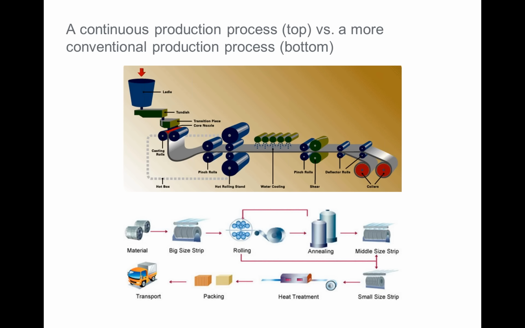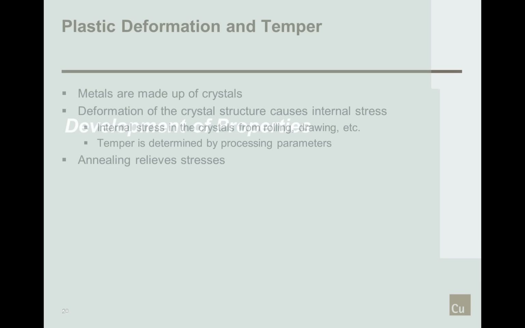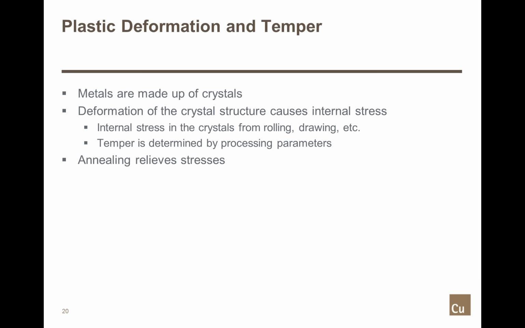Okay, let's talk about development of properties within a material that's being processed in one of these mills. Let's talk about plastic deformation and temper. Metals are made up of crystals. In metallurgy, they're called grains.